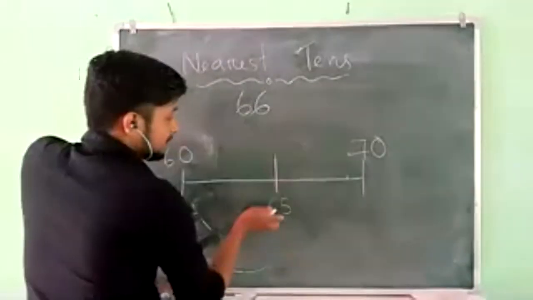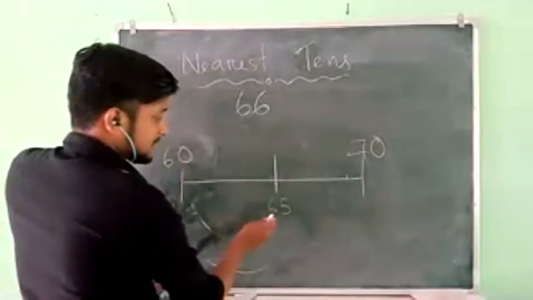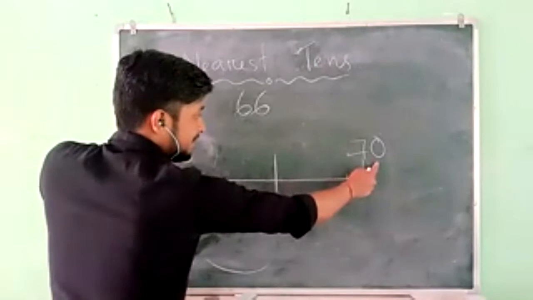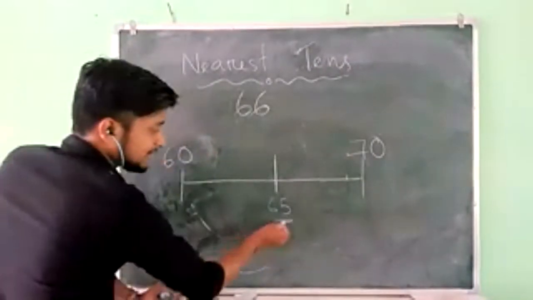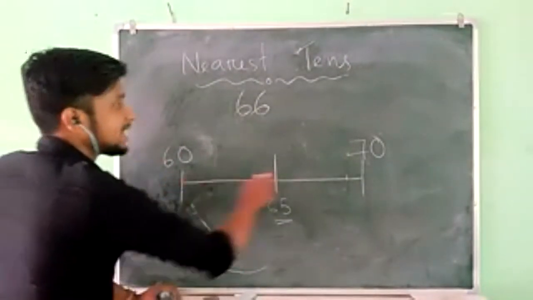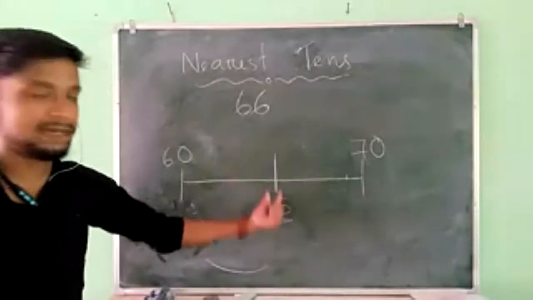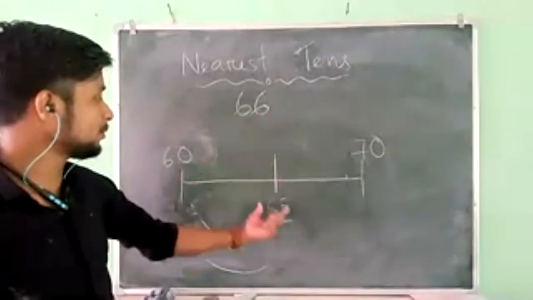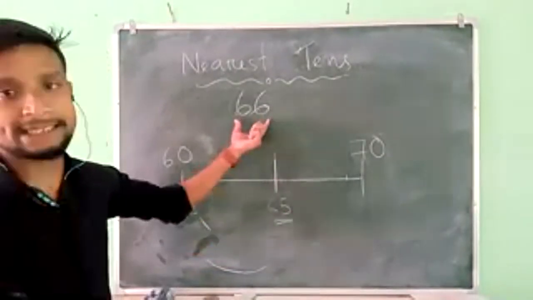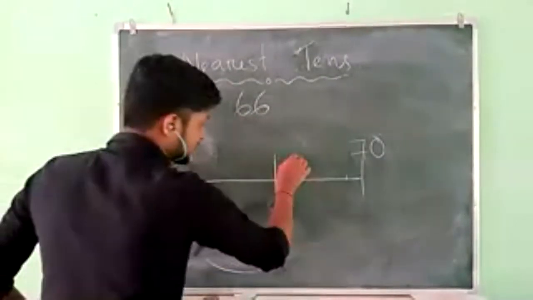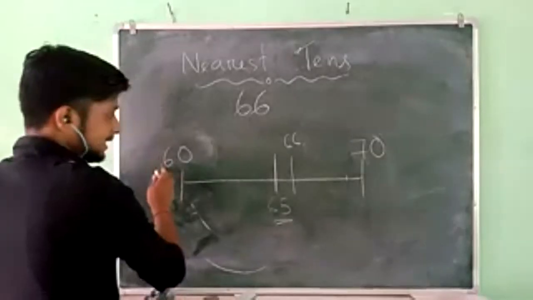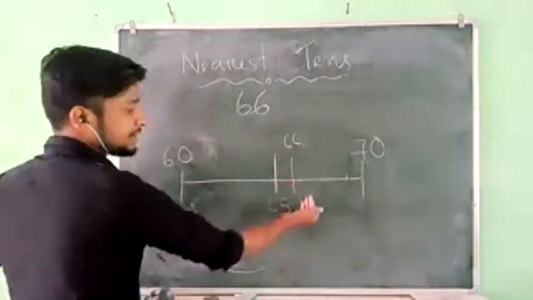On the board, it is 60, it is 70, and in the middle will be 65. Now put 66 somewhere on the right side.